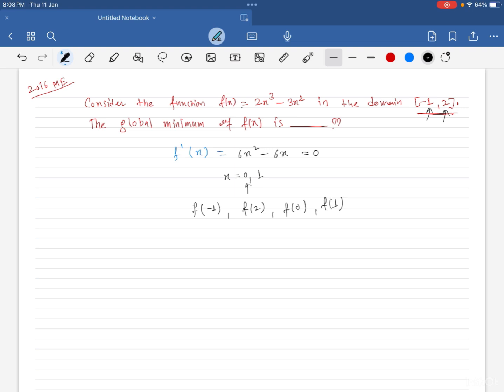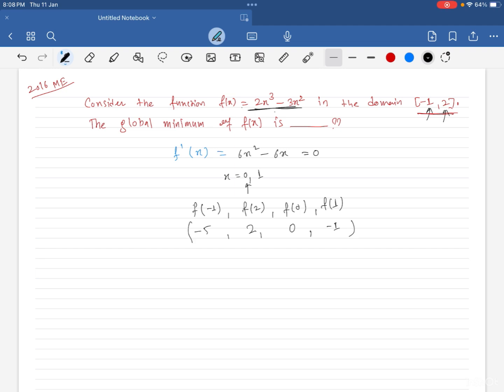If you put minus 1 here in f(x), you will get minus 2 and minus 3, that is minus 5. And here if you put 2, then you will be getting 8 minus 6, that is 2. And for 0 it is 0, and for 1 it is minus 1, right?